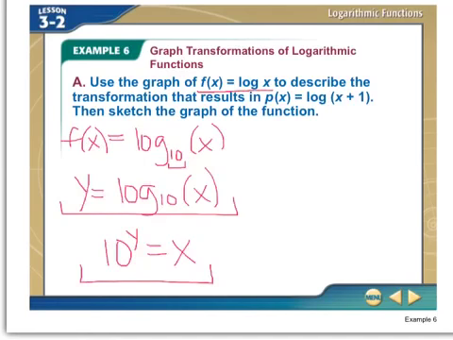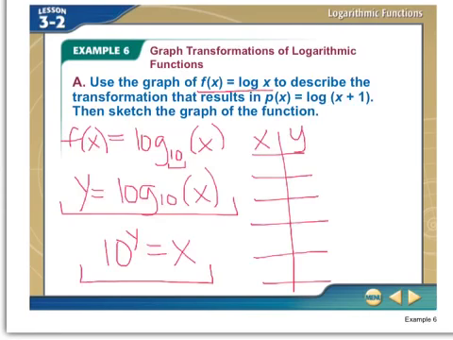Now, if I graph this function, I'm just going to choose a couple of values. I know that my x value here, since the domain for every log function, or logarithmic decay and logarithmic growth, is greater than 0, so I know my output for x here is going to be greater than 0.